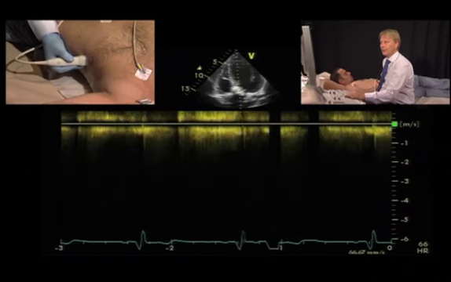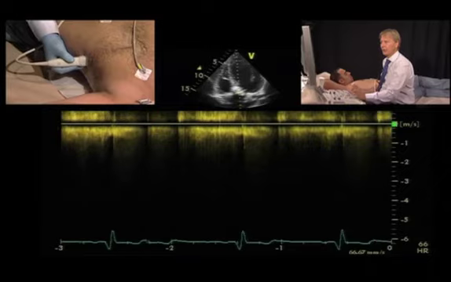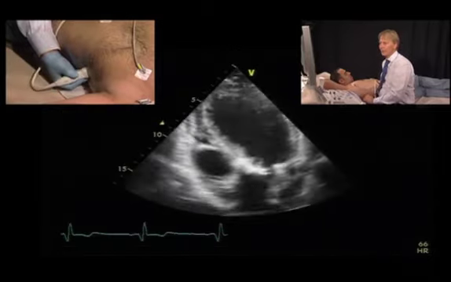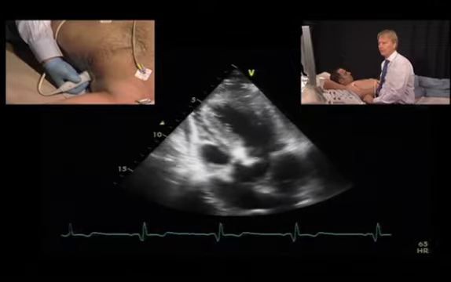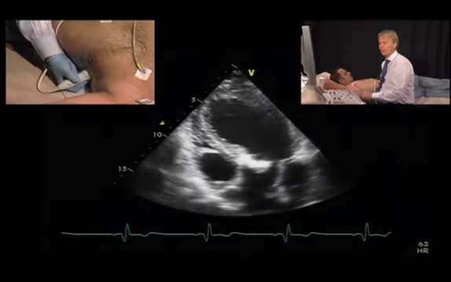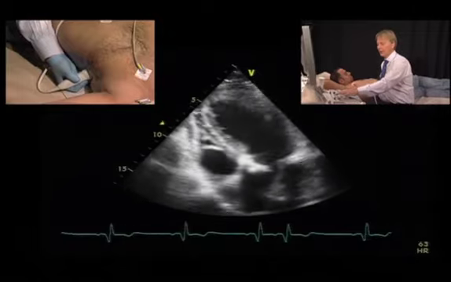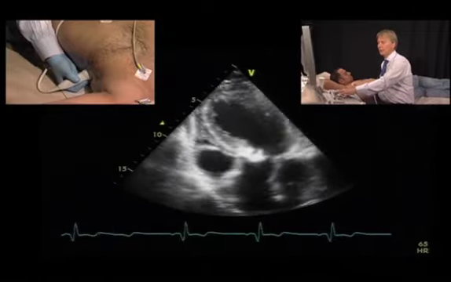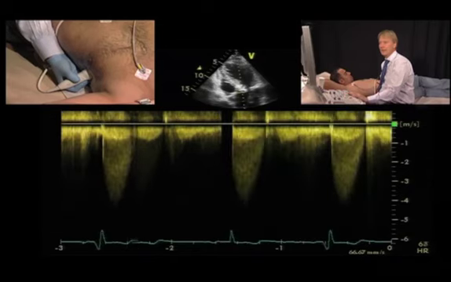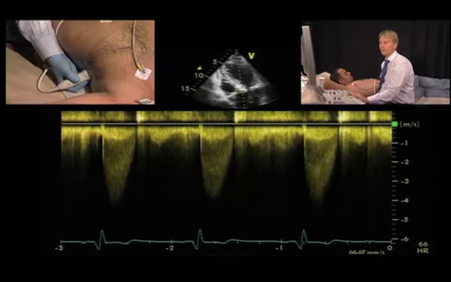Now you can see the spectrum here is not very good, so you can optimize the signal by moving your transducer further lateral, and then you have a much better angle to the ultrasound beam and you are really parallel. And this way you will usually get much higher gradients than if you use the classical 5-chamber view. And in this case you also get a much better spectrum.